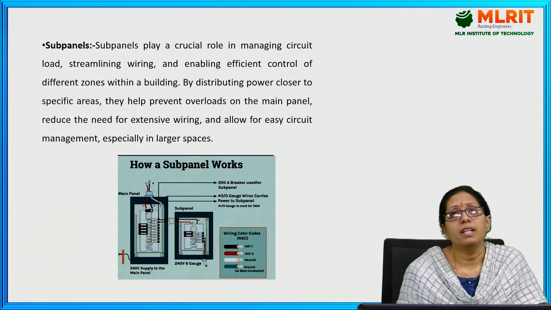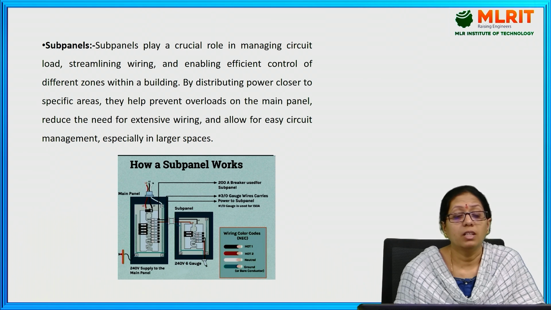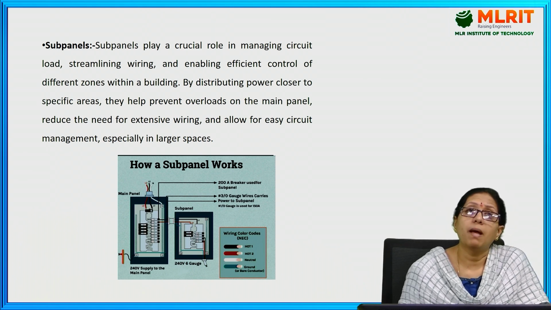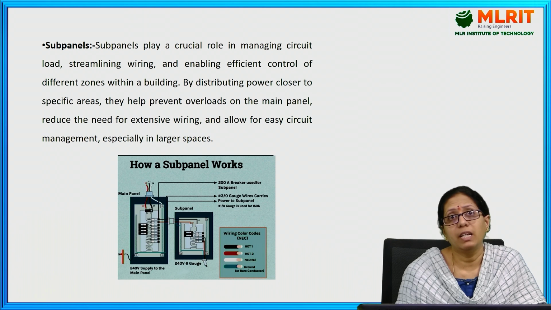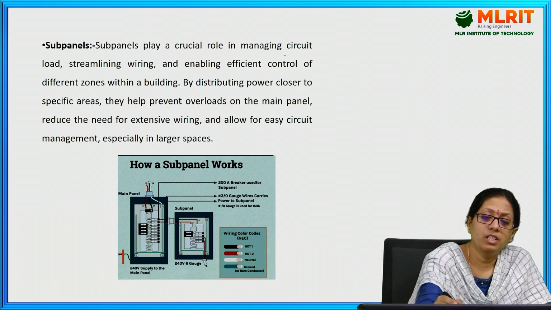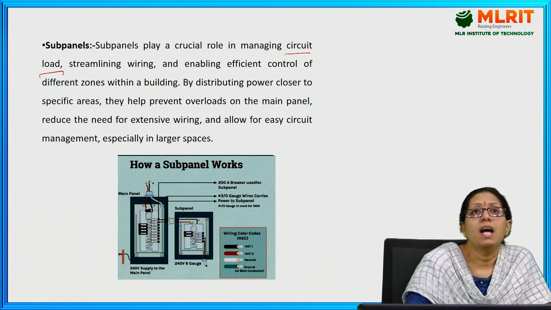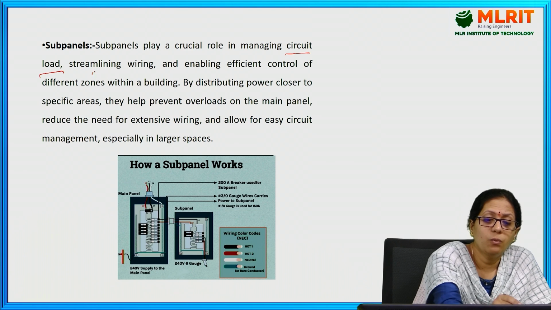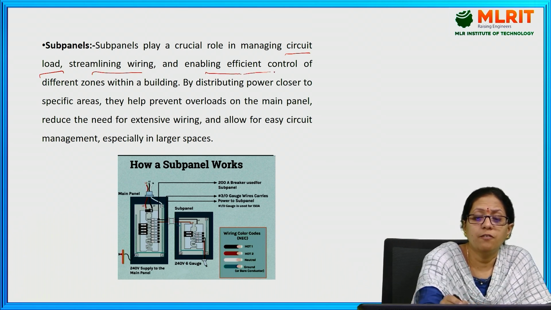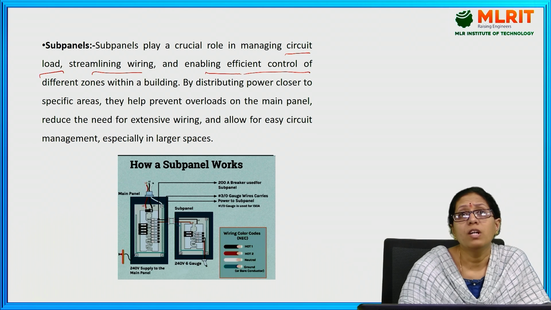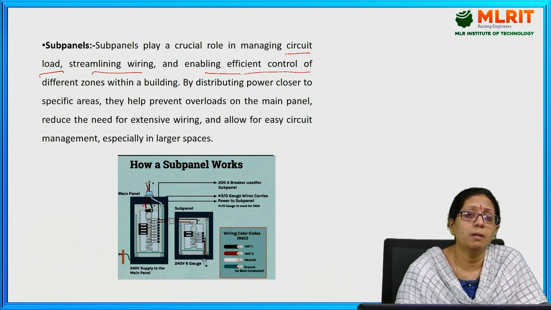The third one is the sub panel. A sub panel plays a crucial role in managing the circuit load, streamlining the wiring, and enabling different control of different zones within a building.